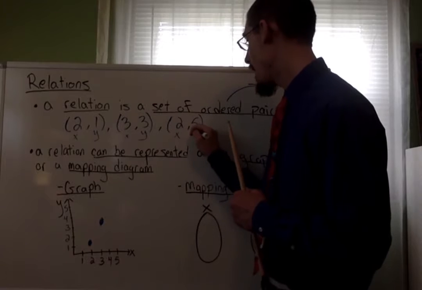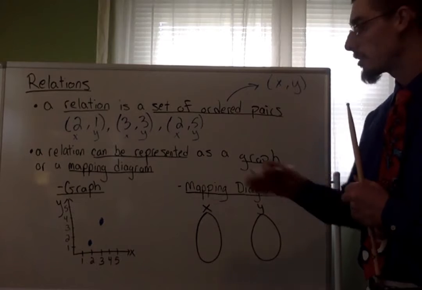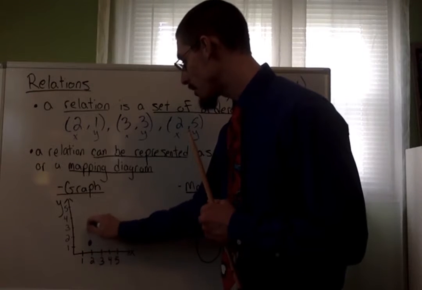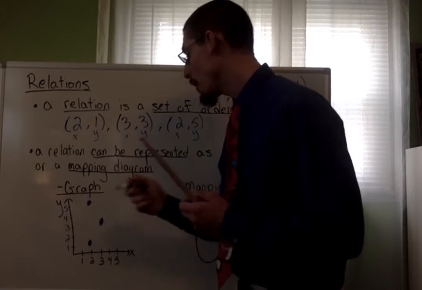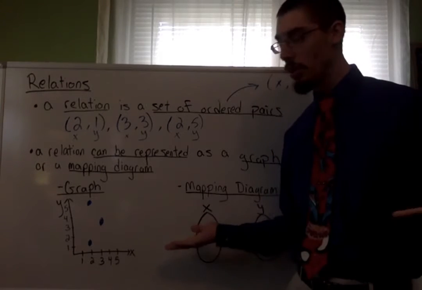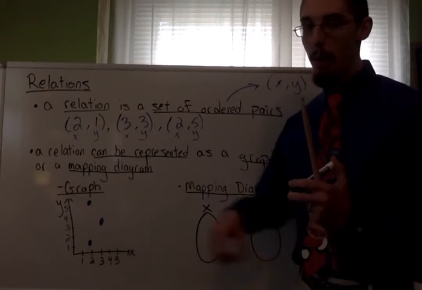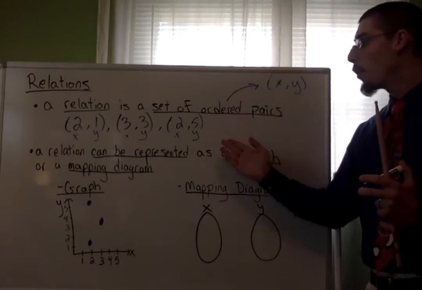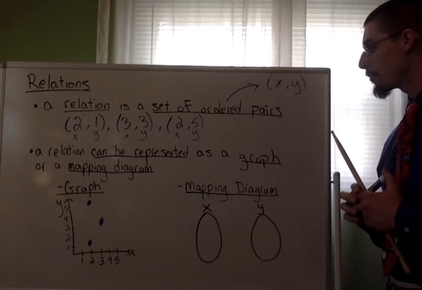Again, x, y. Find 2 on the x-axis, 5 on the y-axis. Here's 2 on the x, you go up to 5 on the y. So, that should be nothing new, right? We've plotted points before. Graphs, we're going to be seeing a lot more of in the future. So anyway, plotting points, you can represent this relation using this graph.